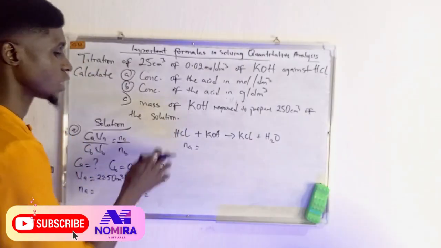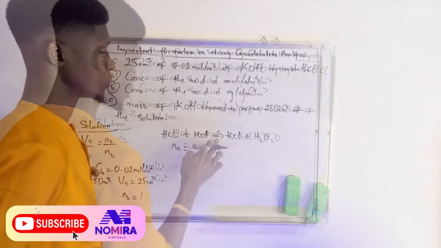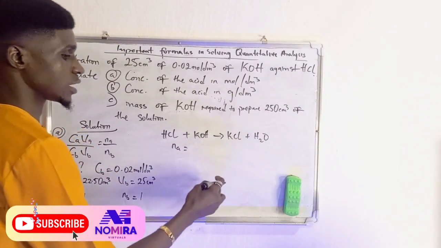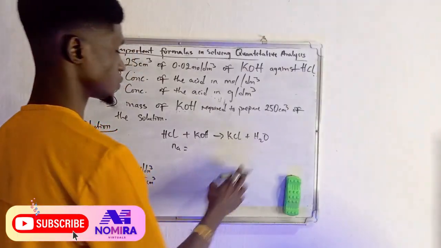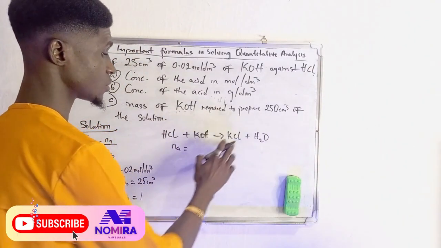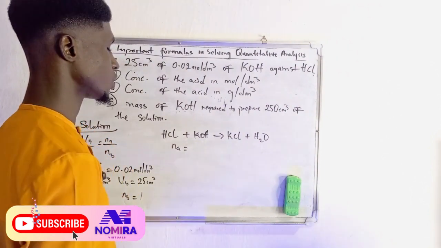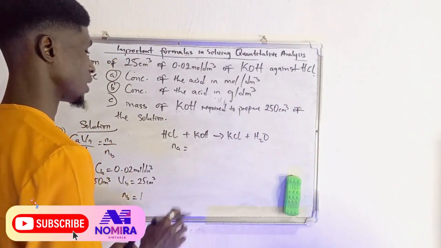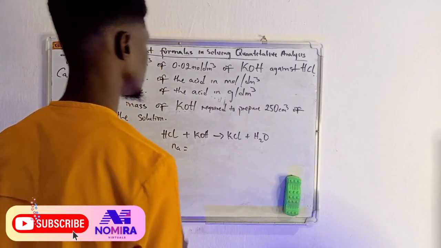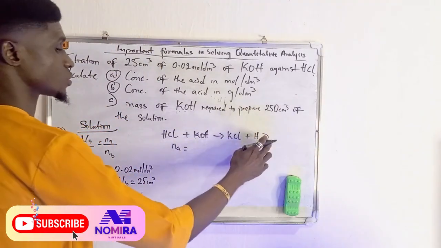Let's just do it here. Hydrogen is 1 here, and 1 here, which is a total of 2 on the reactant side. On the product side, hydrogen is 2. So hydrogen is balanced. Chlorine is 1 on the reactant side and 1 on the product side, so it is balanced. Potassium is 1 here and 1 on the other side. Oxygen is 1 and 1.